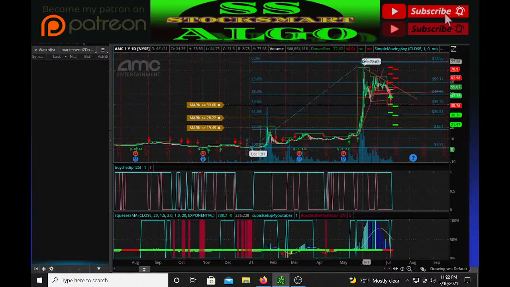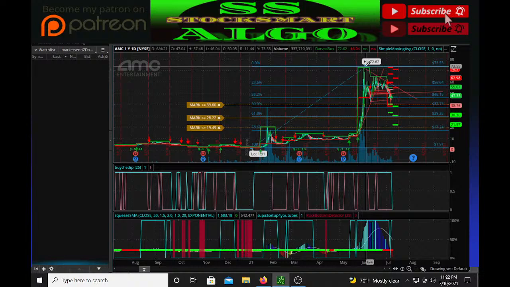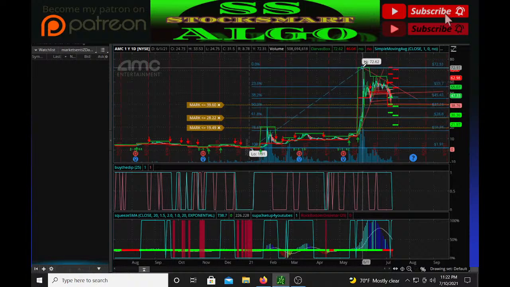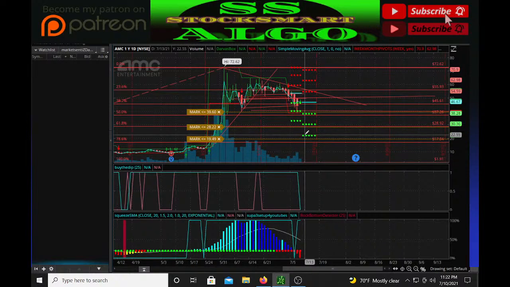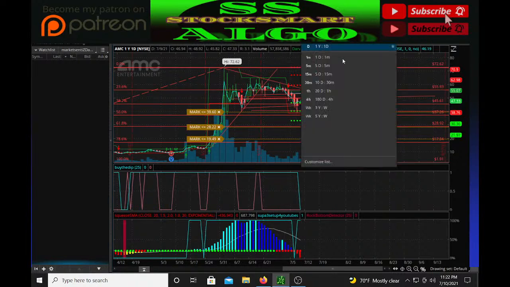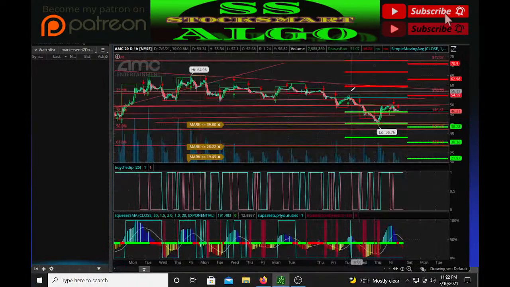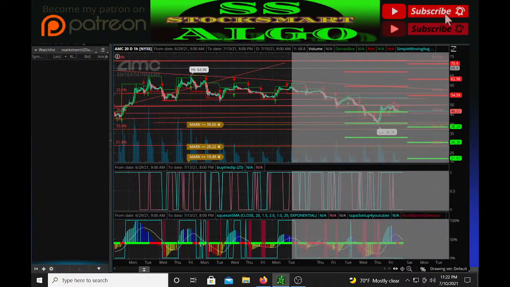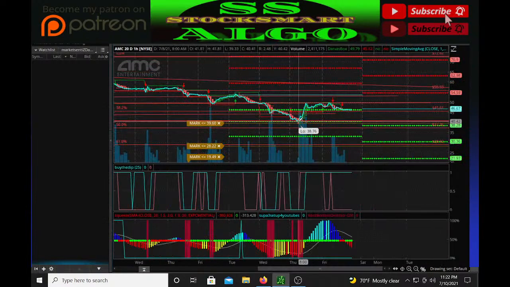Go from your low. 72.62. I just had it right there. All right. And let's see how close these lines are. I mean, they're pretty close to some of those Fibonacci lines. Looks like that one hit it spot on.